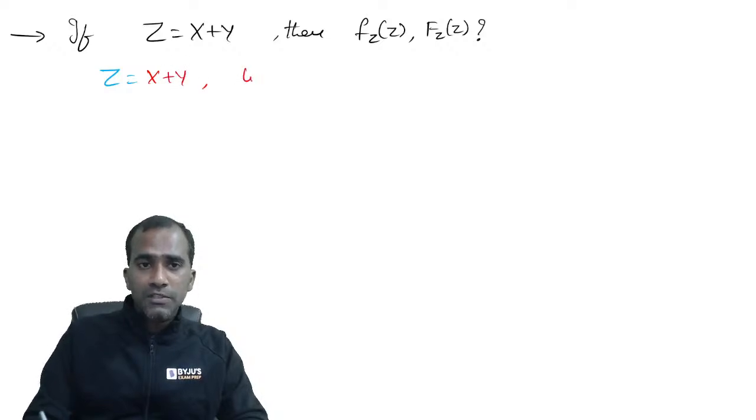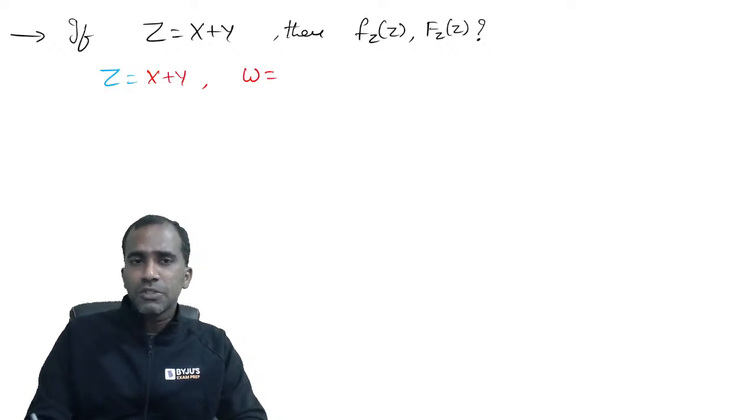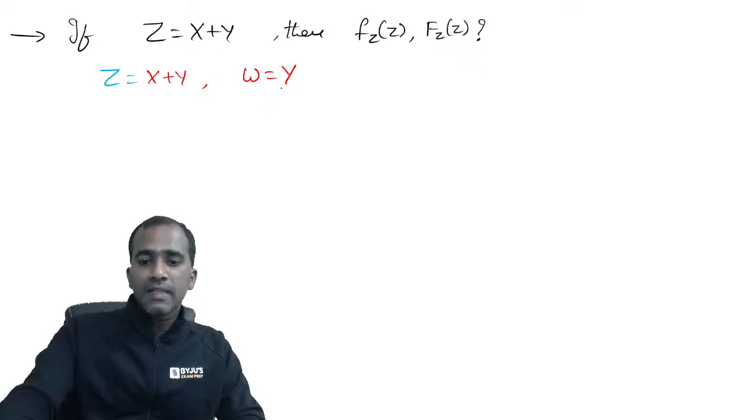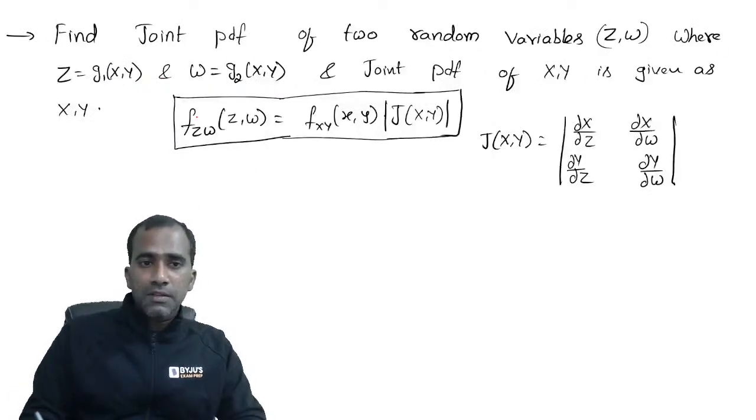There is no random variable w given, but we will assume something. We'll take w as another random variable also, so that we can use the formula shown in the previous slide. We could take it as x minus y, but just to make things simpler, let me take it as just y. Why am I taking it that way? Because if you know f_ZW of z comma w, you can find the first order PDFs.